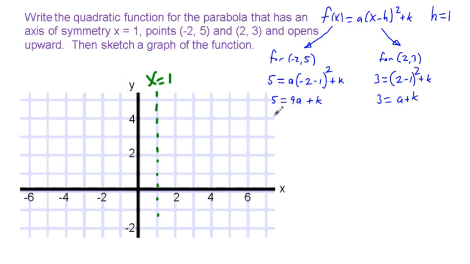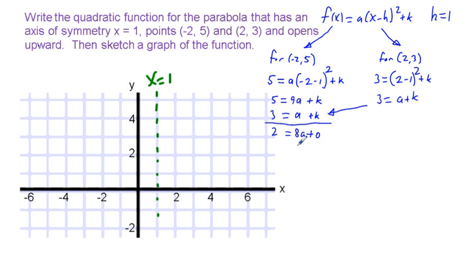So I'm going to bring this one, 3 equals a plus k, right underneath and subtract out. So we get 5 minus 3 is 2, 9a minus a is 8a, and k minus k is 0.